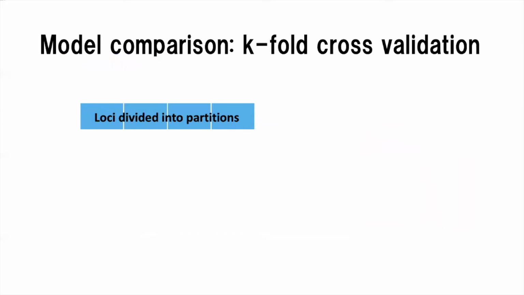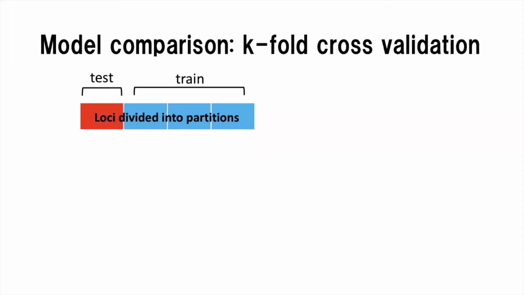So I'll quickly go through what k-fold cross-validation is, because it is important to understand how the model comparison works. When doing k-fold cross-validation, you divide the loci in your data set into partitions, and you do that randomly. So here I'm doing k-fold cross-validation, or four-fold cross-validation, so I'm dividing my loci into 4 partitions.